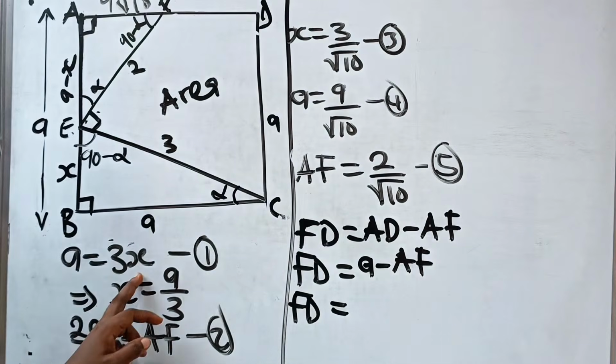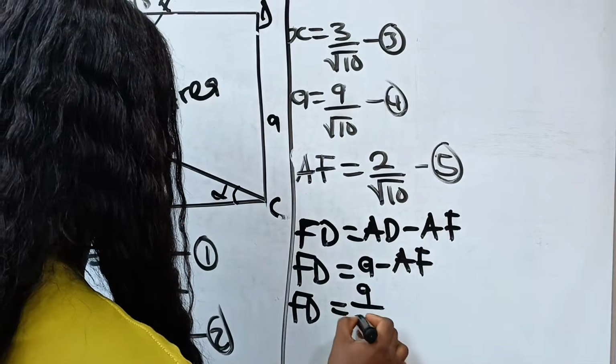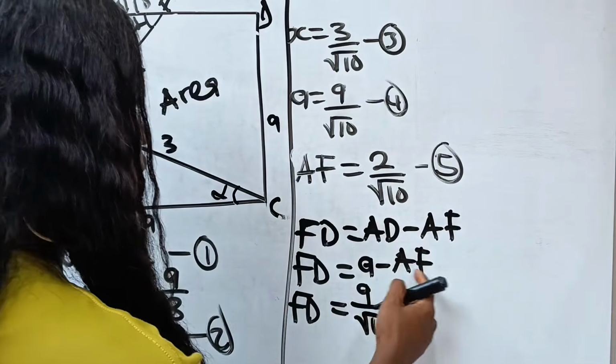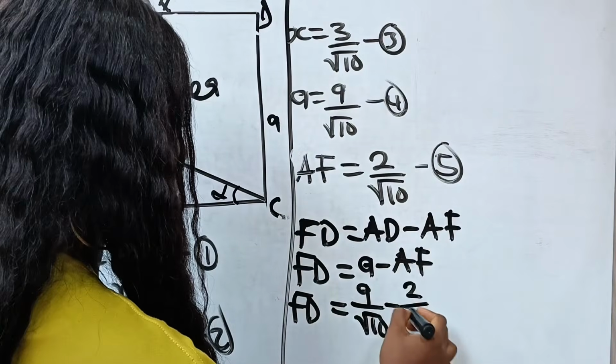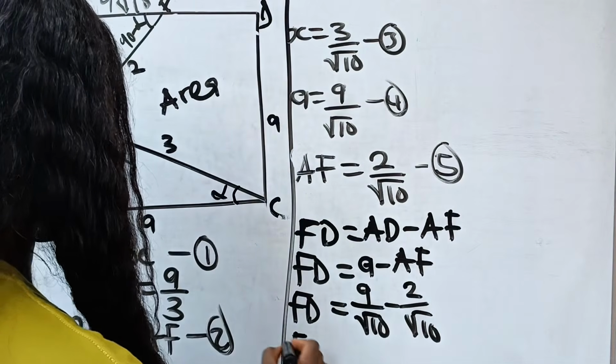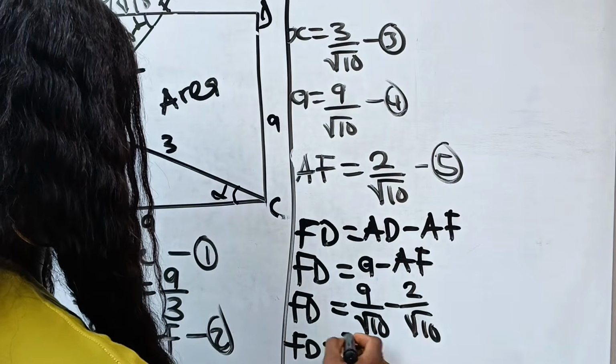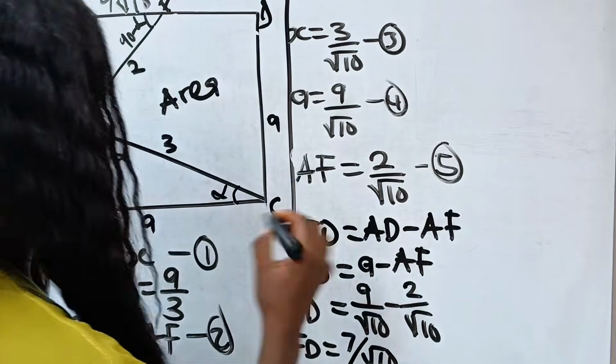Remember that our A is 9 over root 10, minus AF, which is 2 over root 10. So that implies that our FD will be equal to 9 minus 2, which is 7 over root 10.